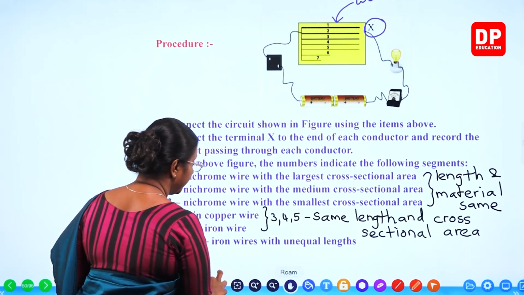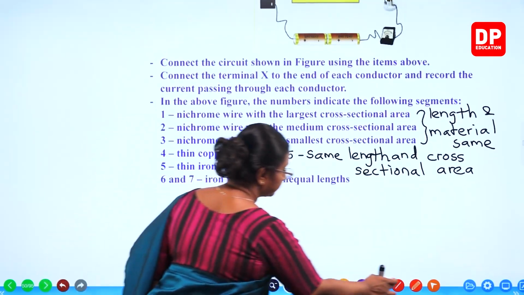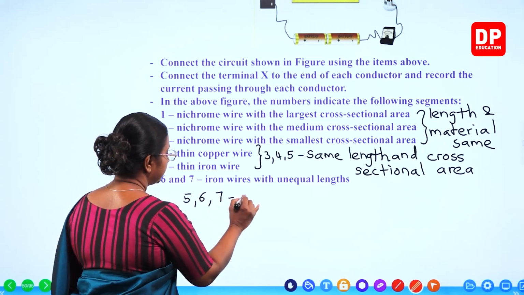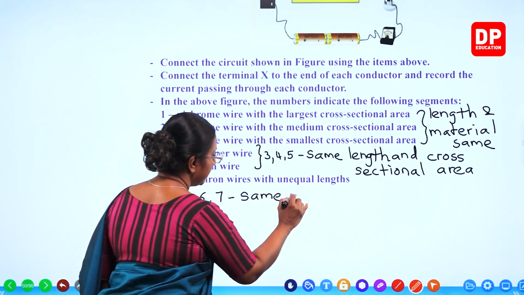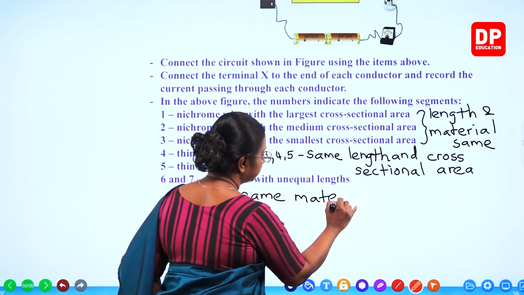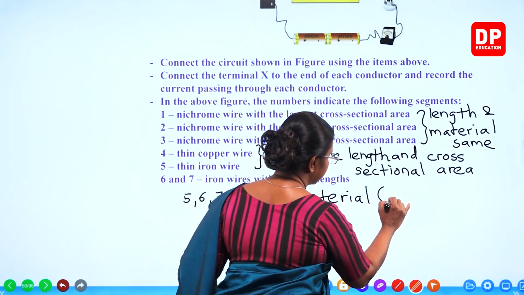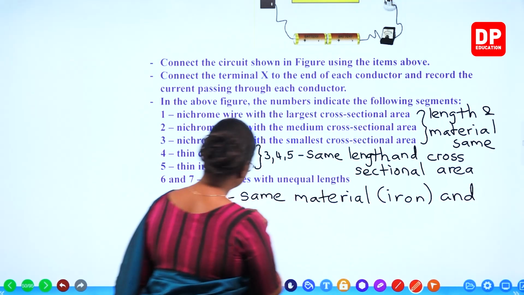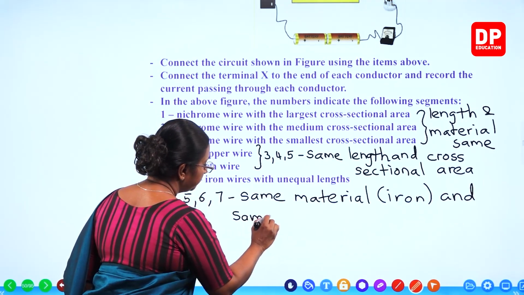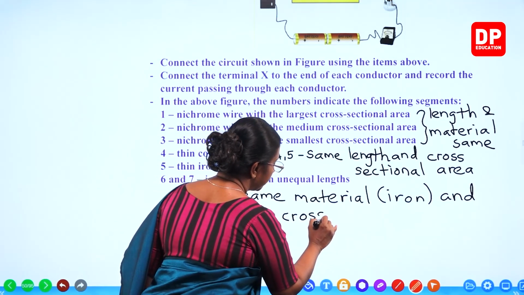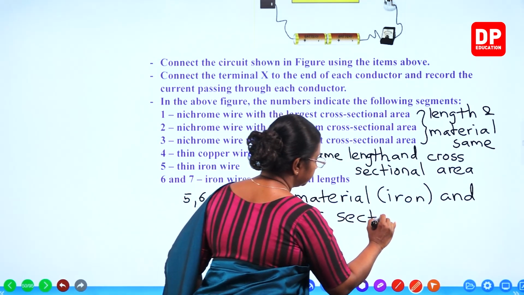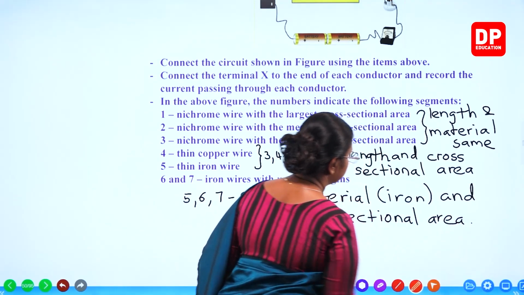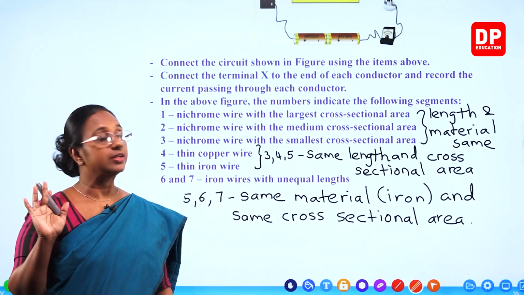So that is something you have to remember. 5, 6, 7, same material, that is iron, and same cross-sectional area. Then you know what to do.